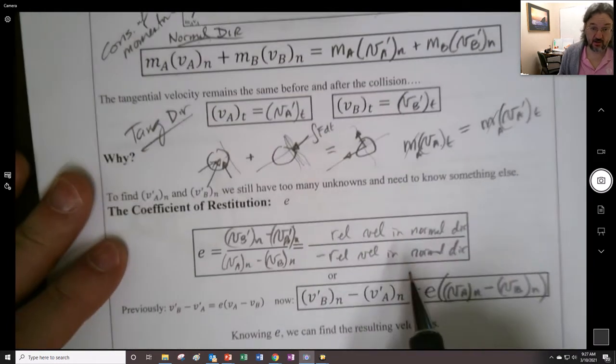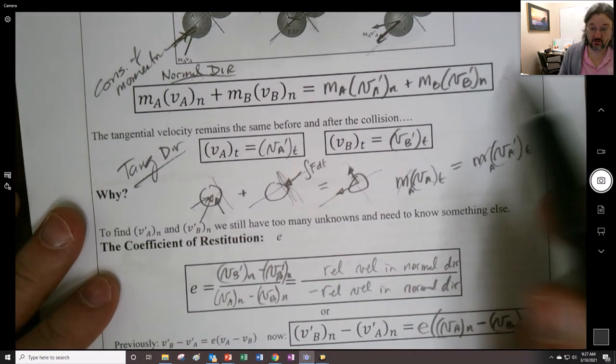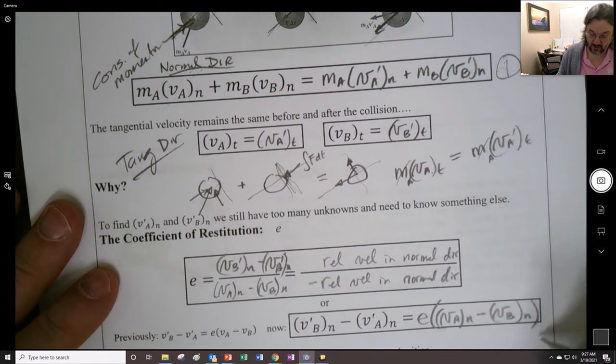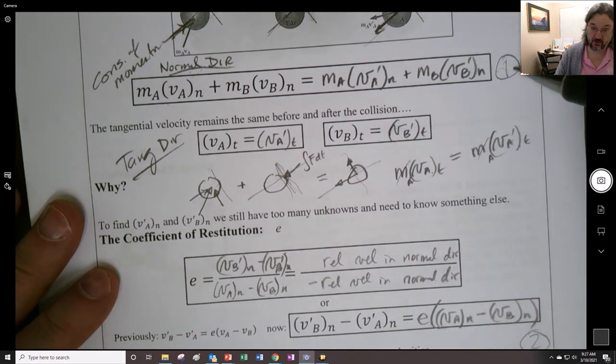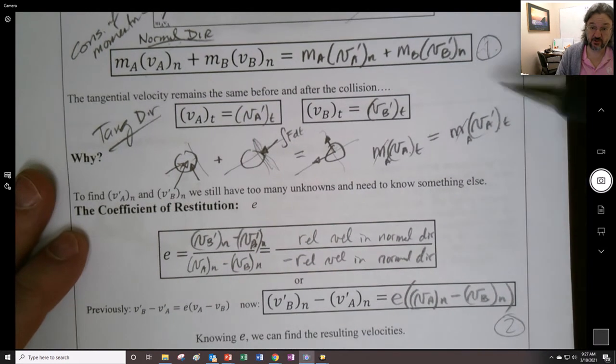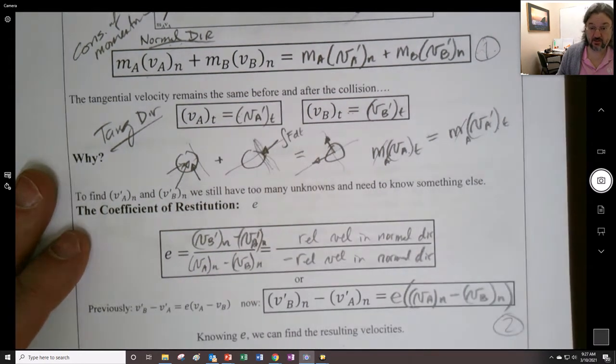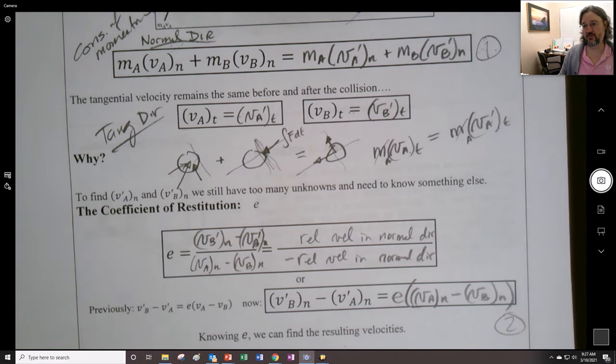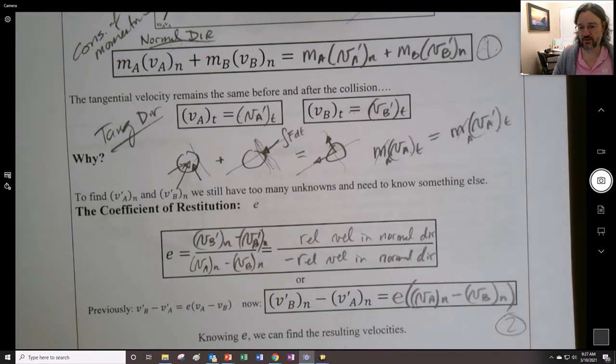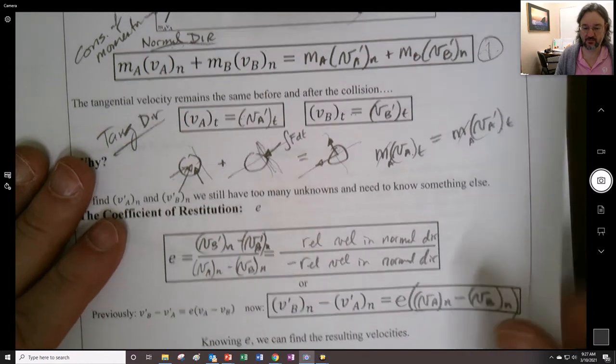So this equation will be our equation 1, and this one will be our equation 2 that we're going to use, and we also maintain these right here. With those we can find all of the velocity components and figure out what the velocity after an impact is going to be.